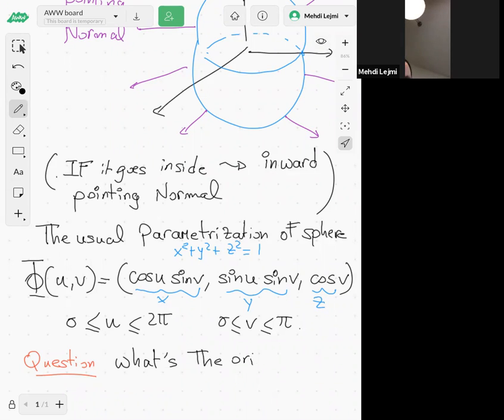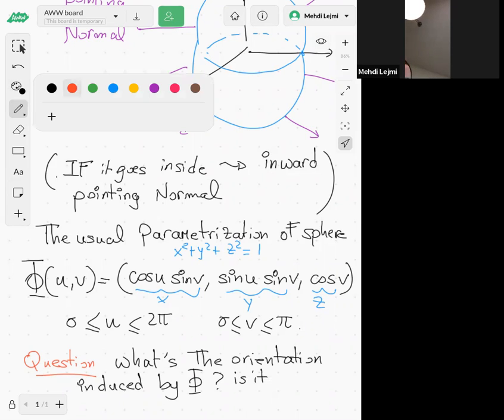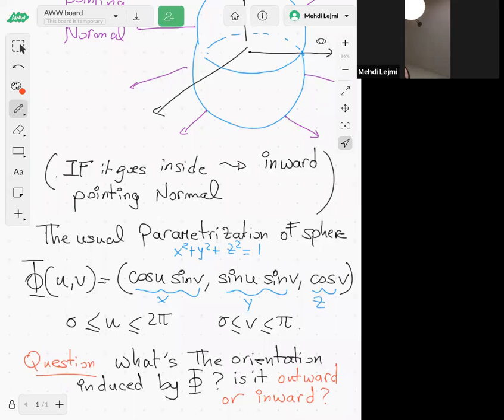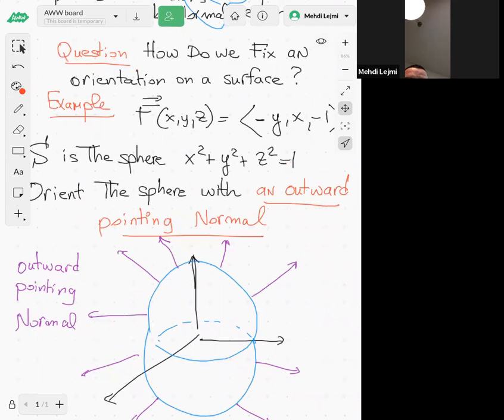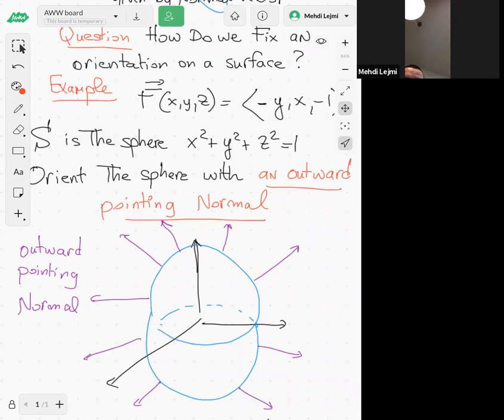Again, in the problem, we need to orient the sphere with an outward pointing normal, right?